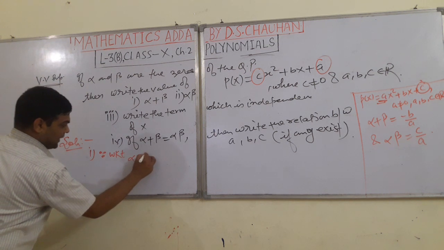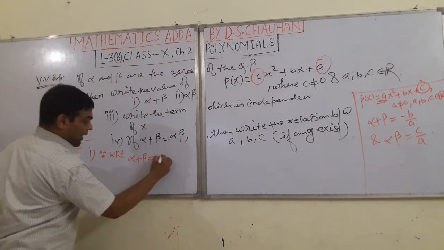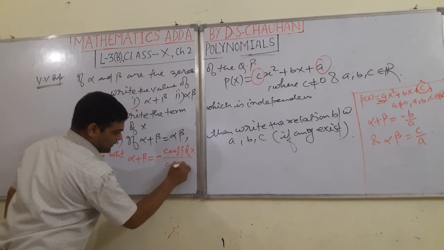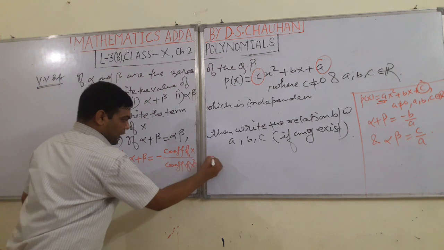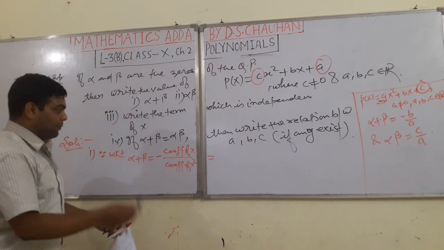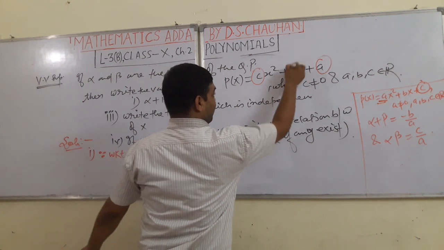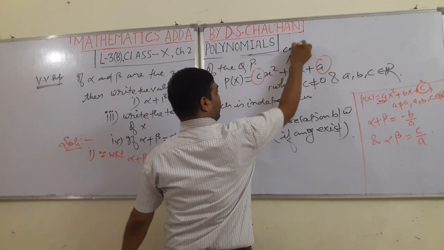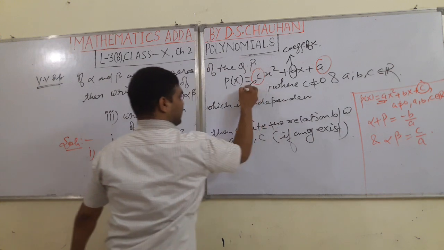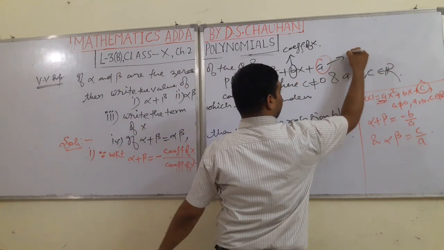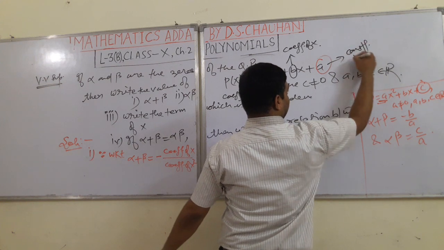Solution of the first. Since we know that alpha plus beta is minus coefficient of x upon coefficient of x square. Students, what is the coefficient of x here? This is b. This is the coefficient of x, this is the coefficient of x square, and this one is the constant term.